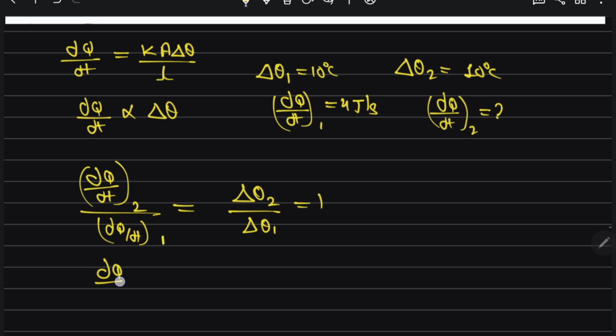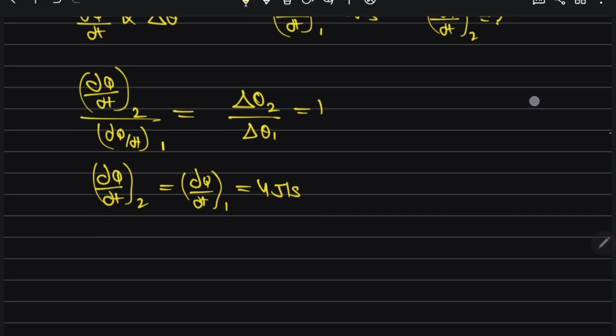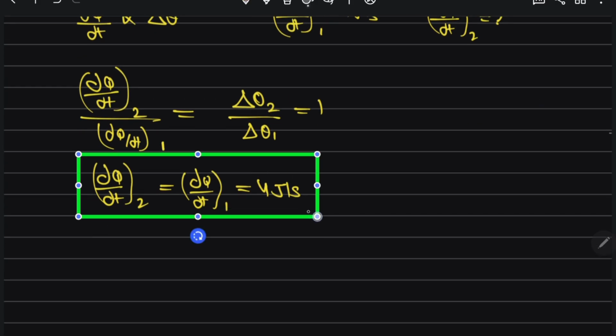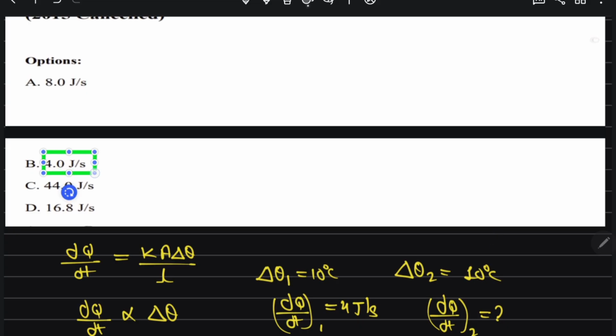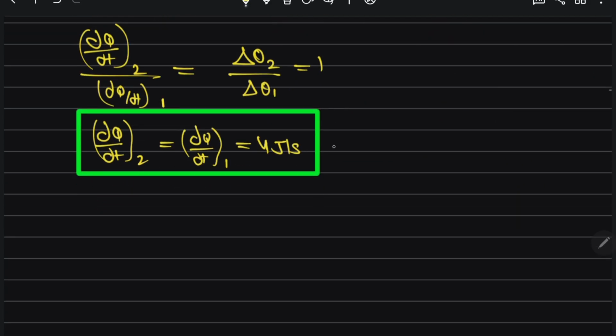So dQ by dt for the second is also equal to that of the first, 4 joule per second. So option B is correct.